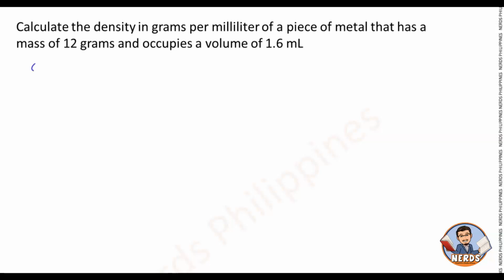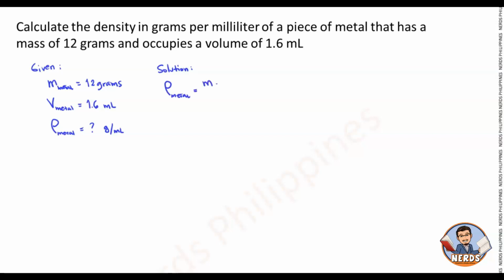So, we have the given here. Mass of the piece of metal is equal to 12 grams. And the volume of the metal is equal to 1.6 milliliters. So, what we are asked to find is the density of the metal in grams per milliliter. So, let us try to solve it. Our formula is density of metal is equal to mass of metal over volume of metal. Okay, so let's substitute our givens.